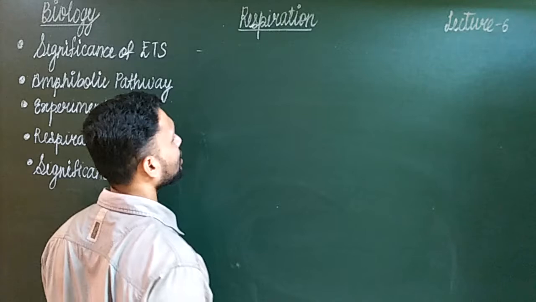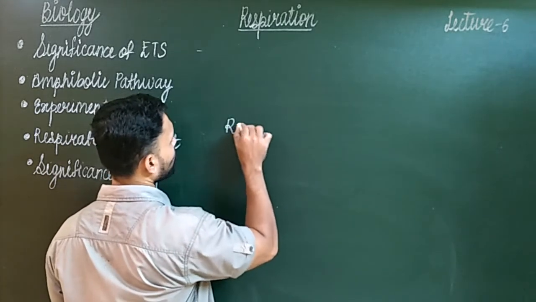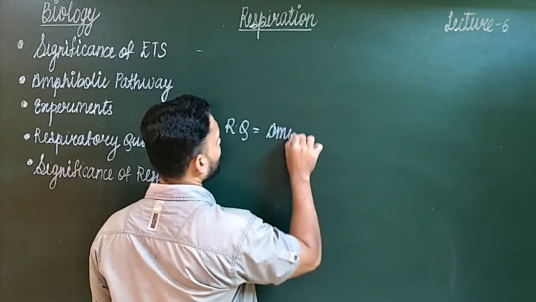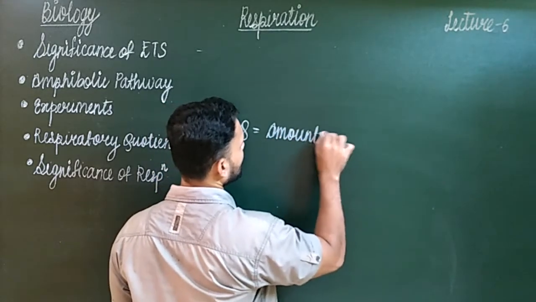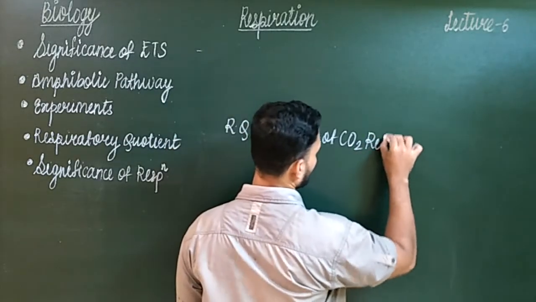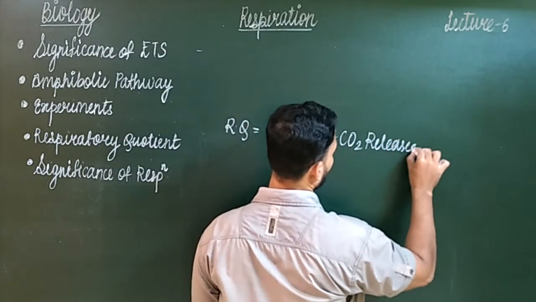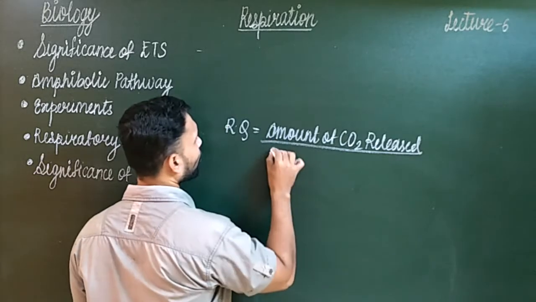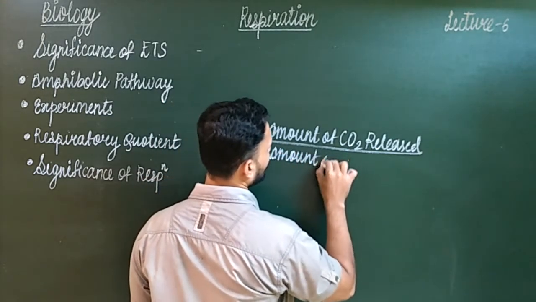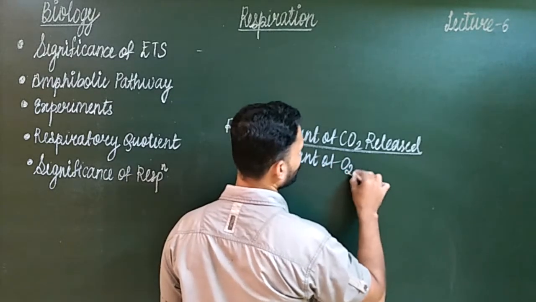Next one is respiratory quotient. What is respiratory quotient? Respiratory quotient is the amount of CO2 released upon the amount of oxygen used.